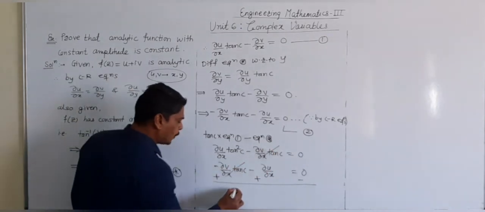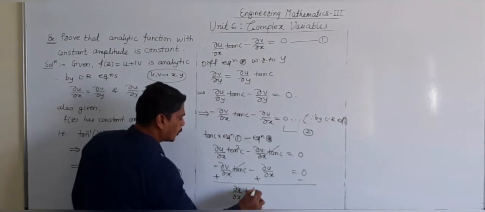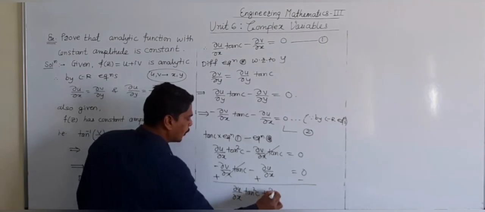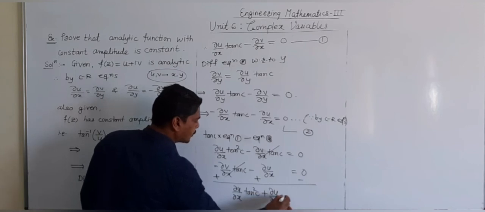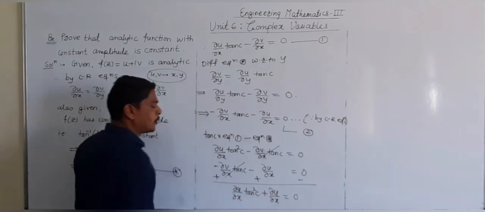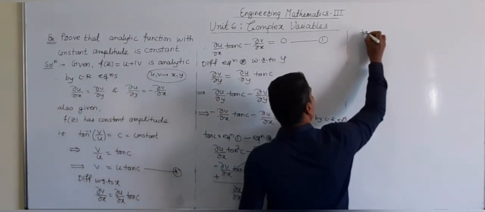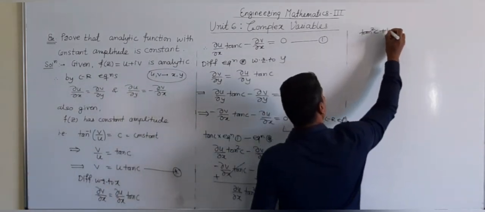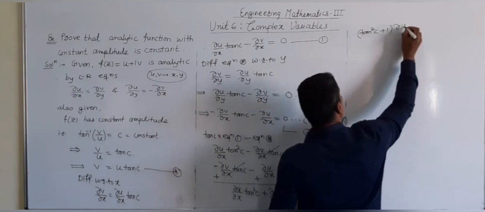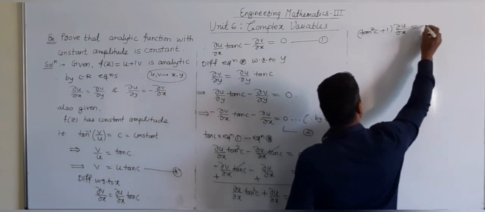And now what is remaining? Partial derivative of u with respect to x into tan square c plus partial derivative of u with respect to x is equal to 0 minus 0, which is 0. So in that way we get tan square c plus 1 into partial derivative of u with respect to x, taking it common.